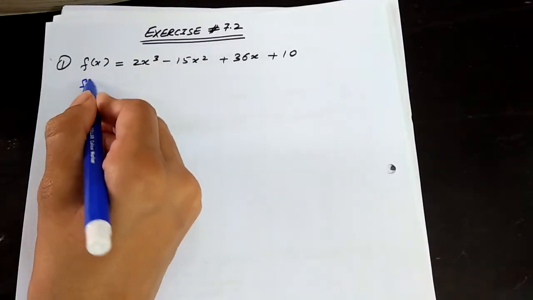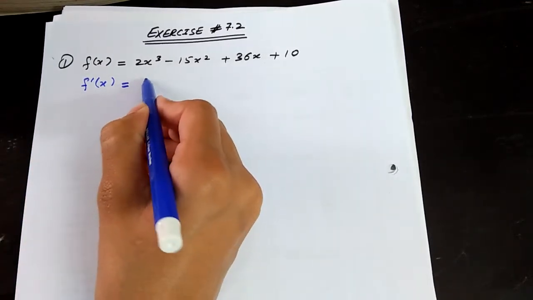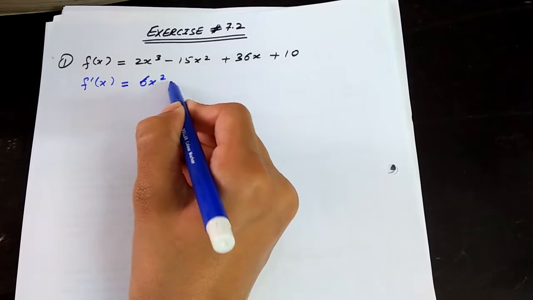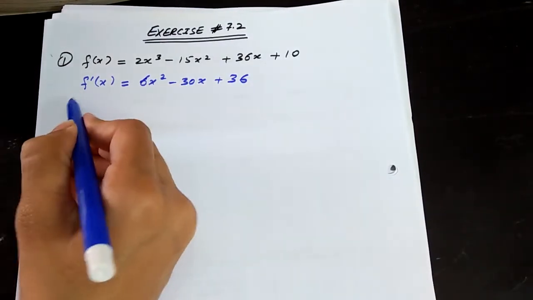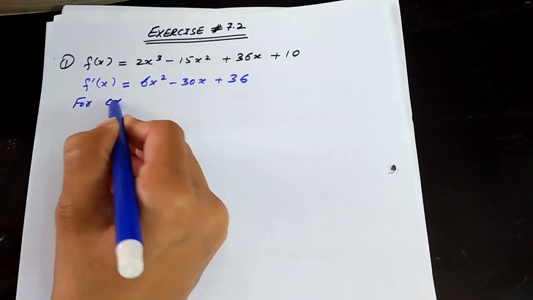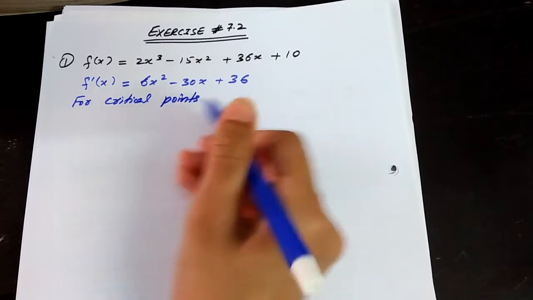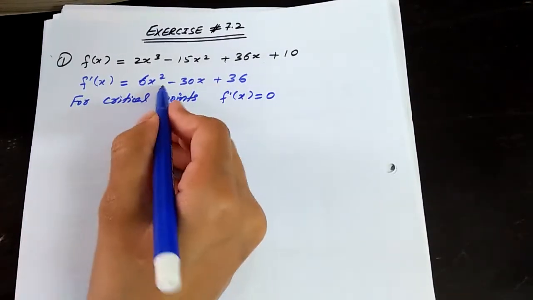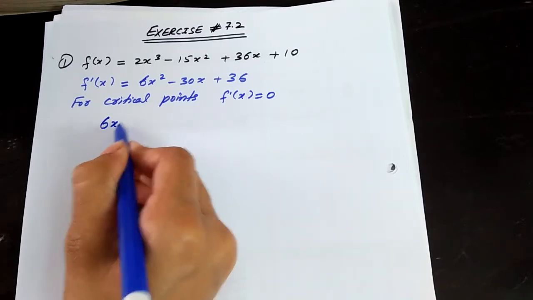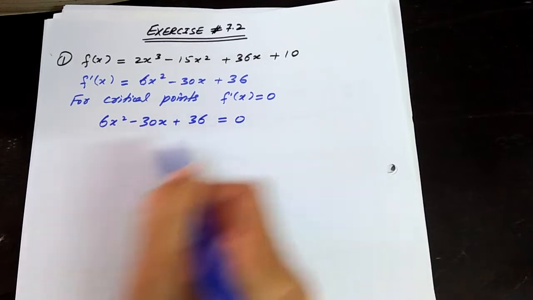So differentiating with respect to x, f dash of x will be 6x square minus 30x plus 36. Now for critical points, f dash of x will be equal to 0. So 6x square minus 30x plus 36 equals 0.